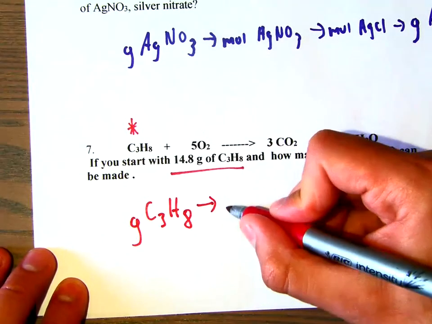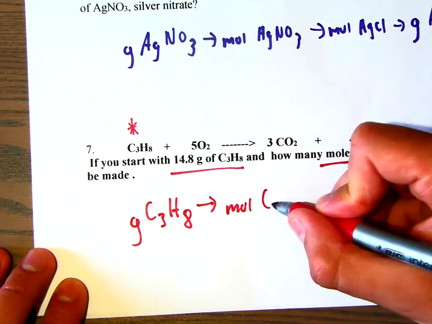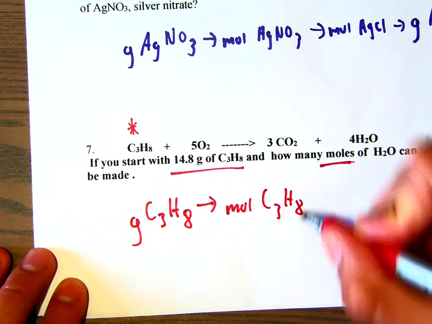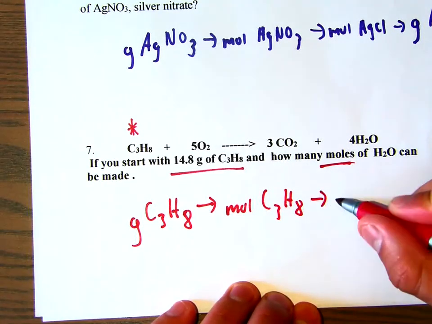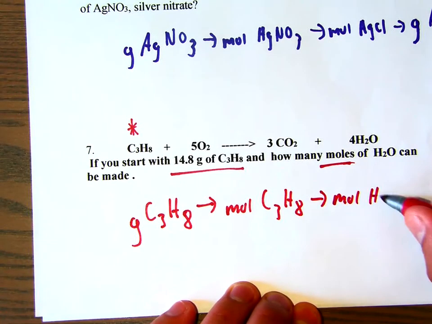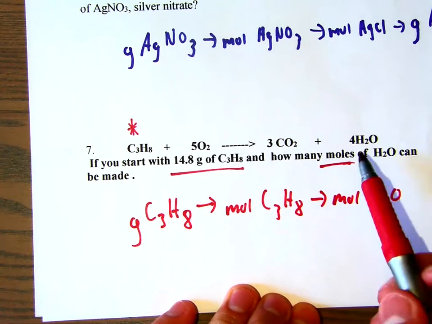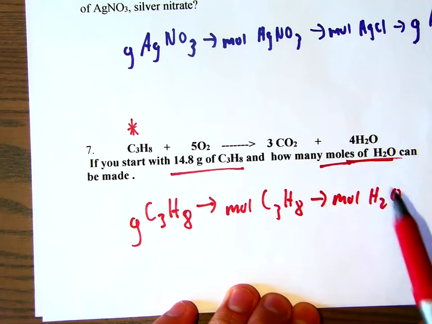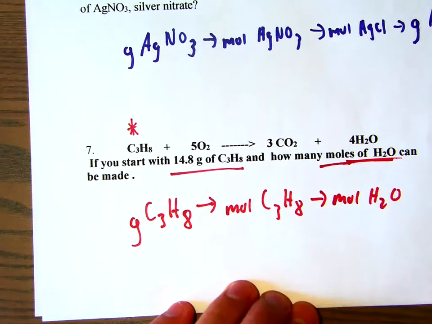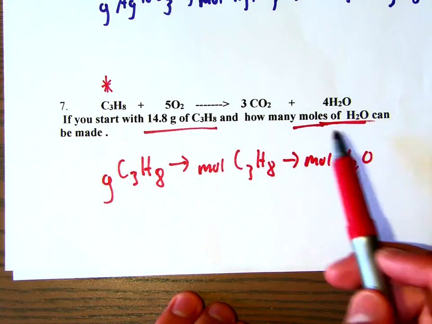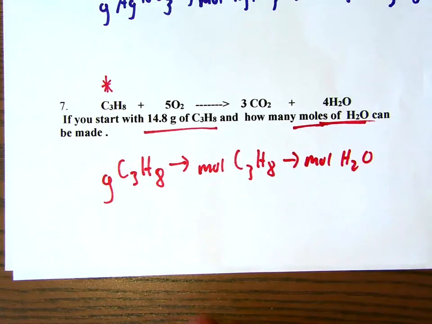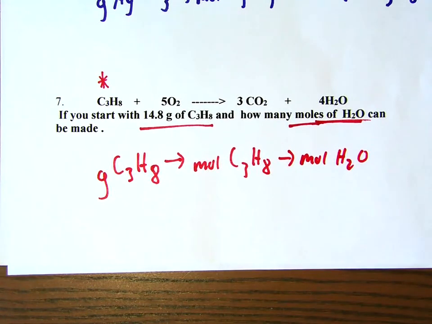We first turn that into moles. Okay, then we can turn this into moles of what we want, right? Moles of H2O. Well, this problem was asking us for moles of H2O, so we just stop here, and then that would be your final answer. We wouldn't have to turn this into grams. We can just stop here because this problem is asking for moles, it's not asking for grams. So you might see a few problems like this. Okay.